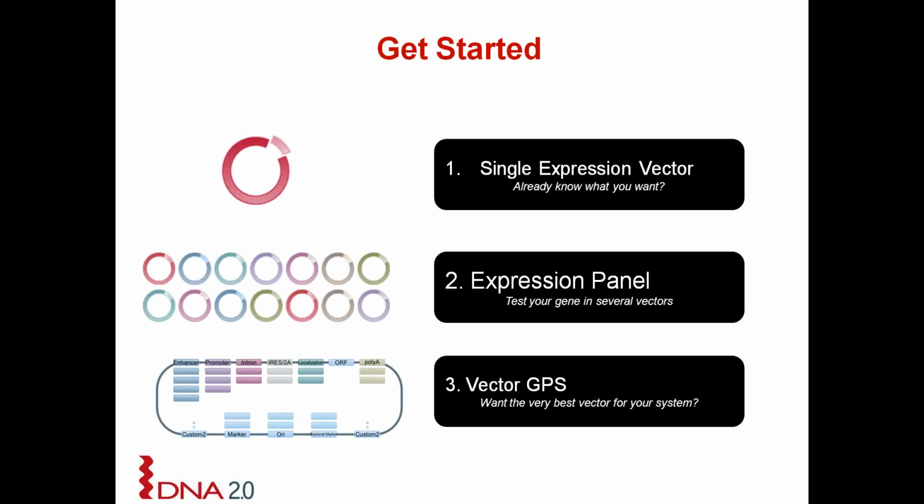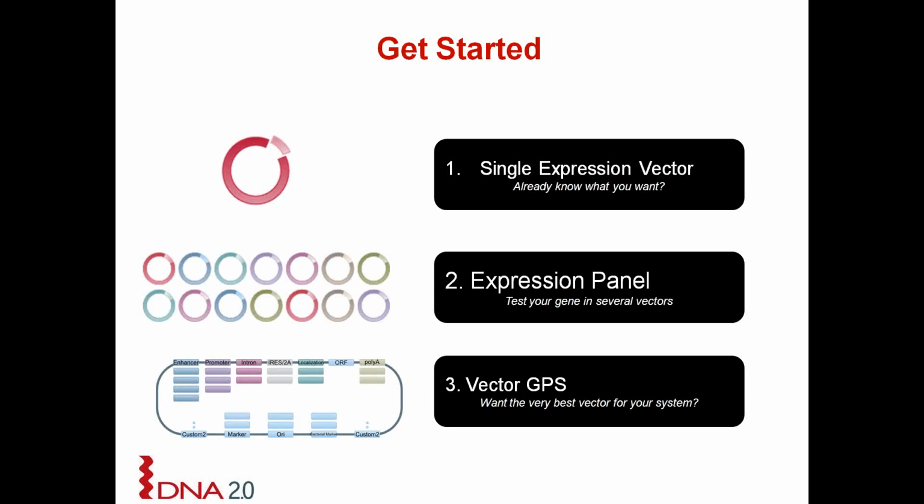Great. Another similar question is, what do you suggest trying if the researcher is using another system besides HEK or CHO? Is there a panel or a set of vectors that you recommend for that? This is a great question. If you're working in a host system that you don't see discussed on our website, you can always contact us. We have expertise in a wide range of different host systems.